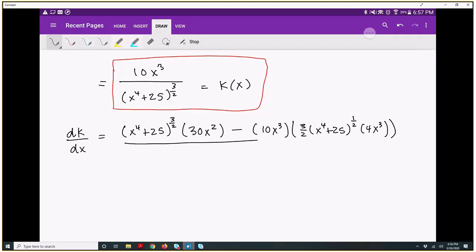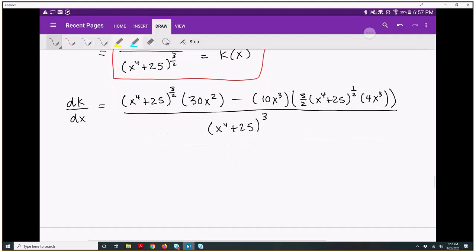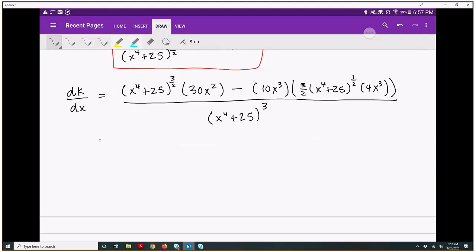And all of that is over x to the power 4 plus 25 to the power 3 over 2 and then squared, so that's just to the power 3. So let's simplify as much as we can.